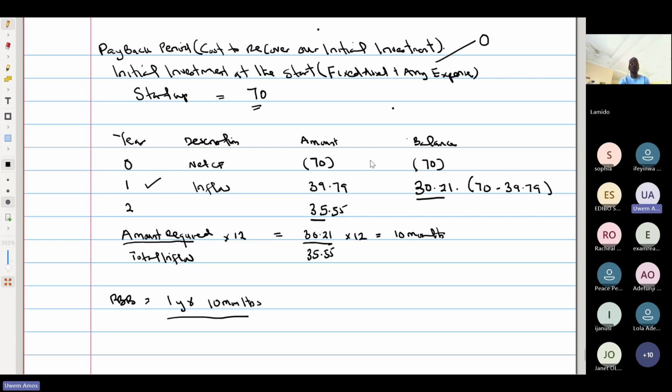Okay. So if you had placed those 30 expense under year 0, right? So this would be plus another 30, minus, because it's an expense now. So this would be 100. Because you didn't subtract it here, this would be 39.79 plus 30.